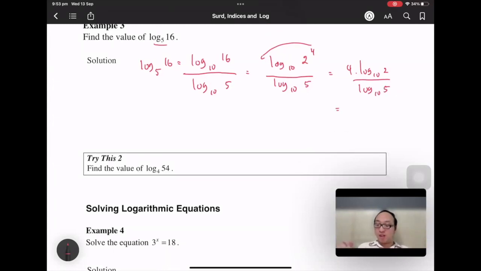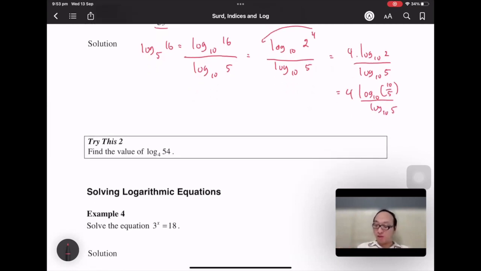Now we can change the 2 here into 10 over 5, over log 10 5. So that means we can simplify. It's 4 log to the base of 10 of 10 over 5.